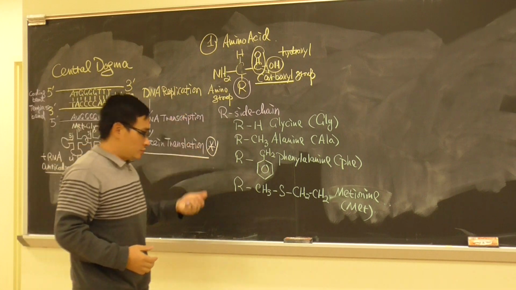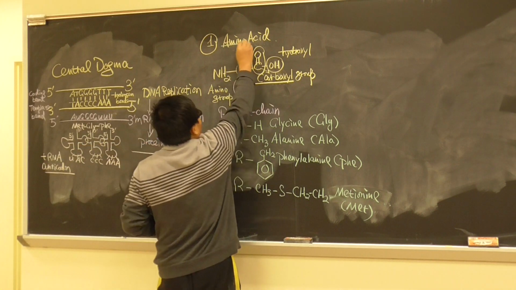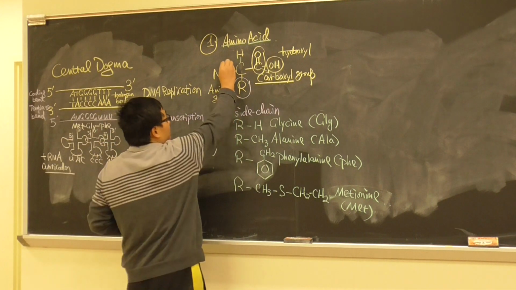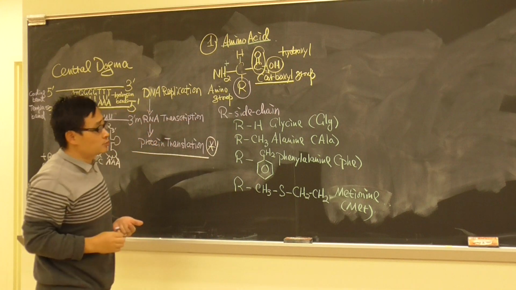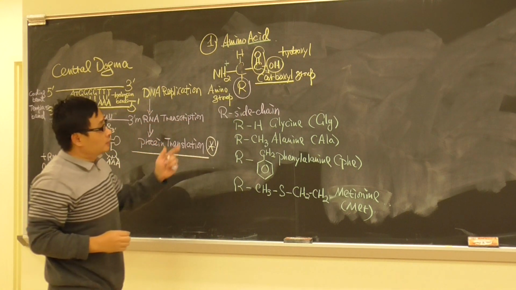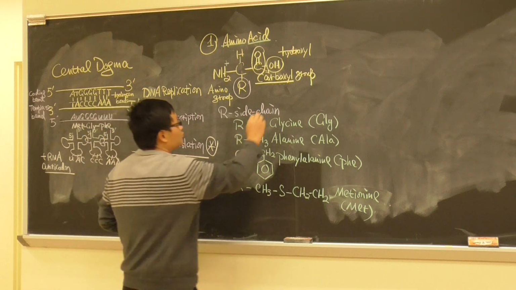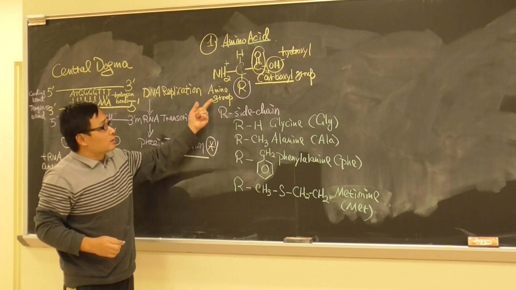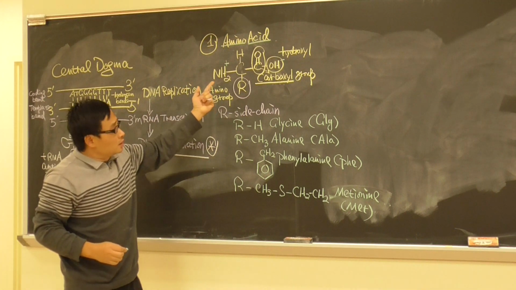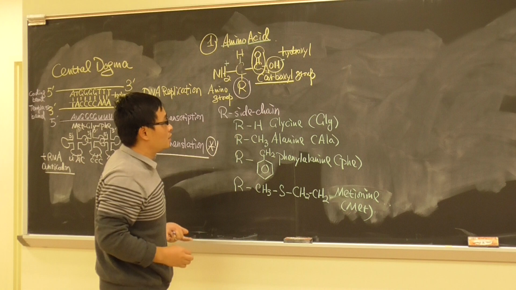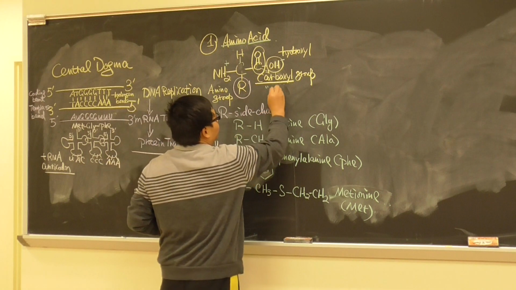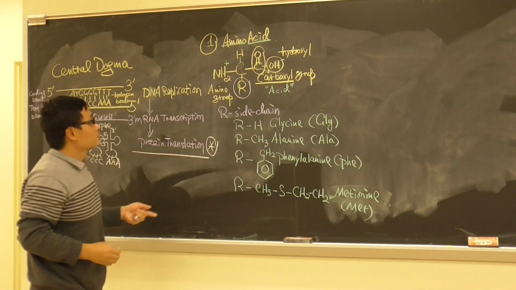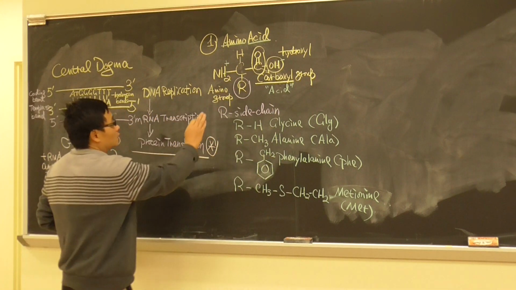When you look at the structure, this is called an amino acid. You should know that on this side, the amino group is positively charged, and on the right side, the carboxy group is negatively charged. The amino group is obviously an amine group. The carboxy group is kind of like an acid, though it's not really an acid. So we want to talk a little bit more.